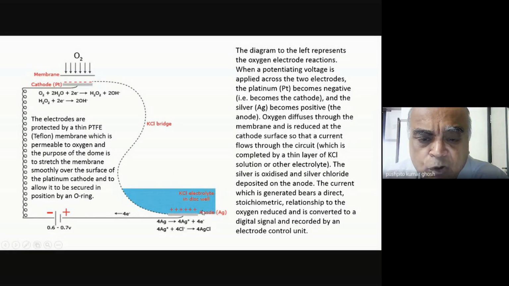At the anode, because here it's a reduction process that is taking place, my Ag is becoming Ag plus, and because there's a KCl salt bridge, it will precipitate and form silver chloride, but it won't interfere with the rest of the process. So this is the typical cell potential that you have to apply under these conditions, and then you just read off the oxygen concentration.